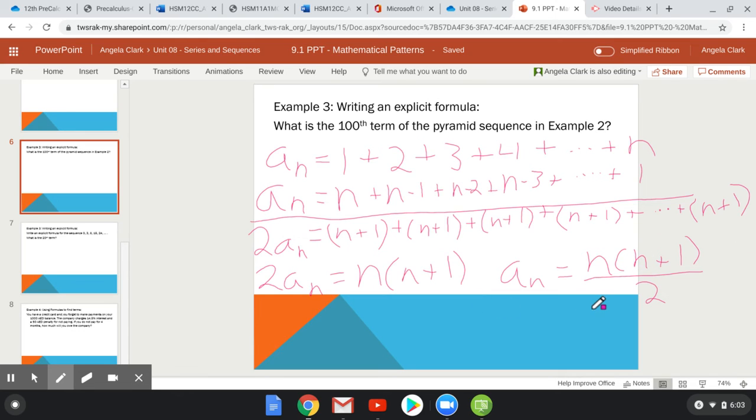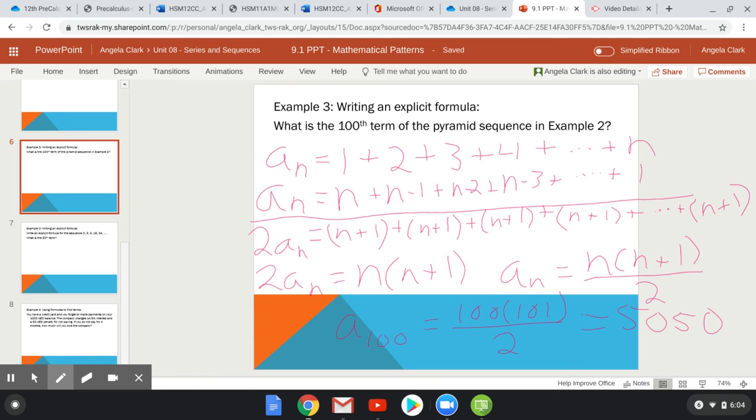Now I can find term 100 where it would have taken a really long time with the recursive formula. So to find a_100, I have 100 times 101 over 2, which, if you do the math, is 5,050.